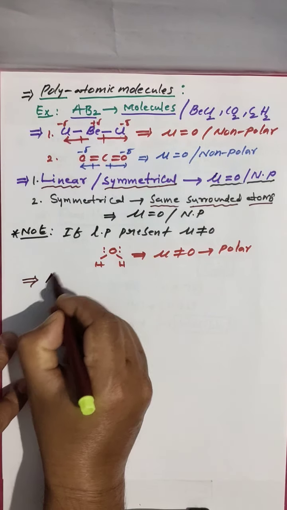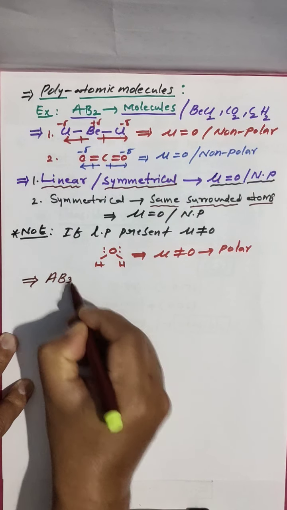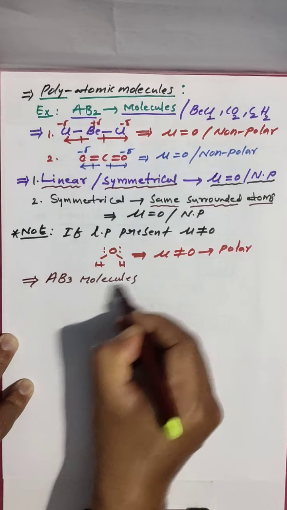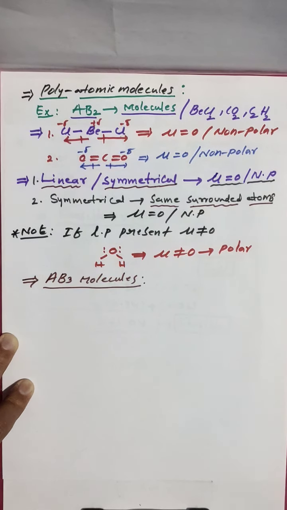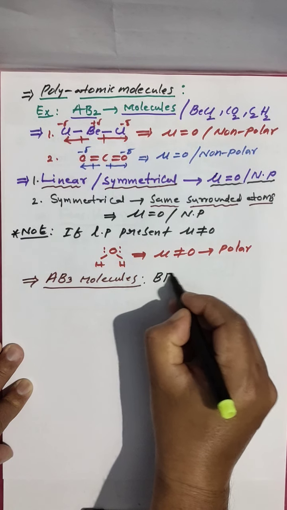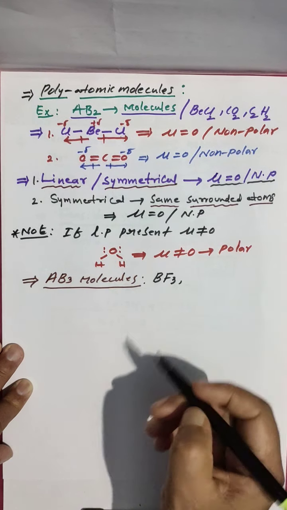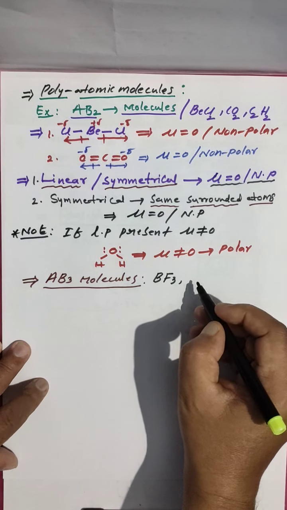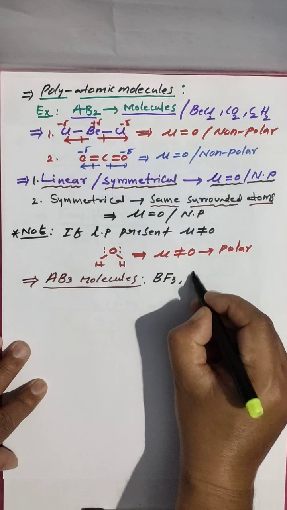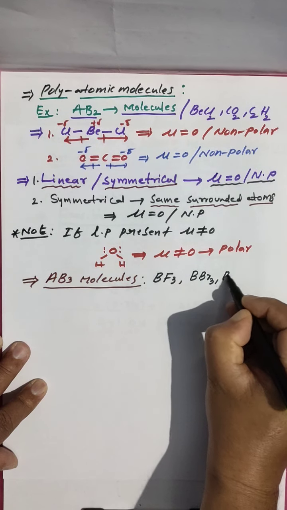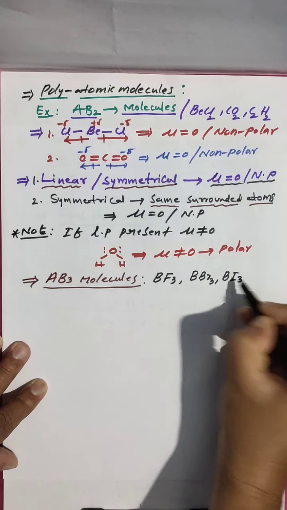And this time I am taking AB3 type molecules. Go for BF3, BBr3, BI3.